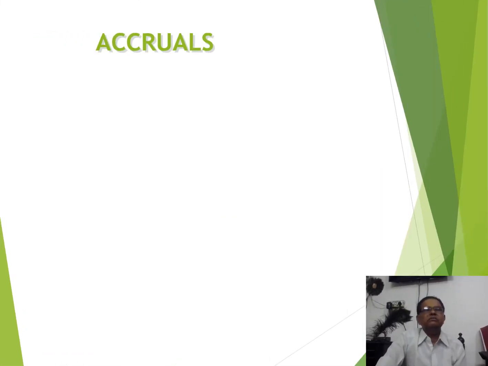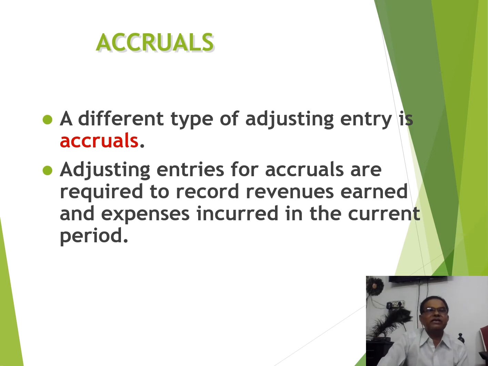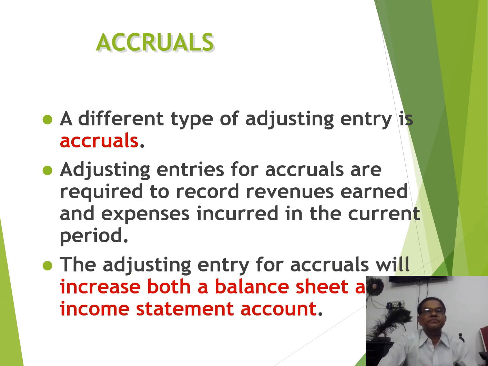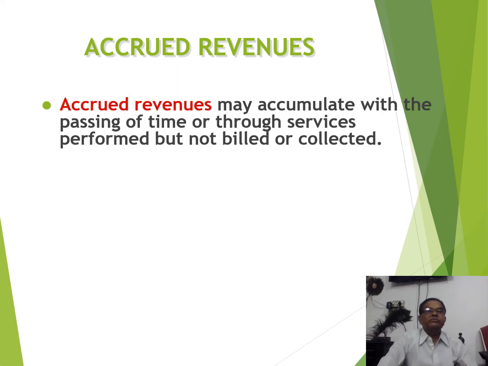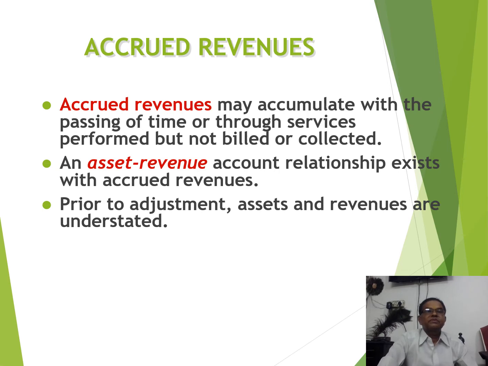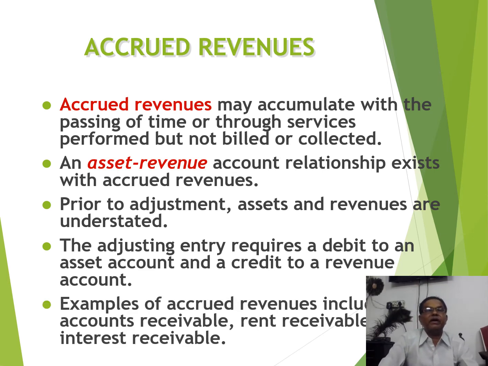So now, my dear friends, we are coming to accruals, a different type of adjusting entry. Adjusting entries for accruals are required to record revenue earned and expenses incurred in the current period. The next item is accrued revenue. This is an asset-revenue relationship. So the adjusting entry is a debit to an asset account and a credit to the revenue account.